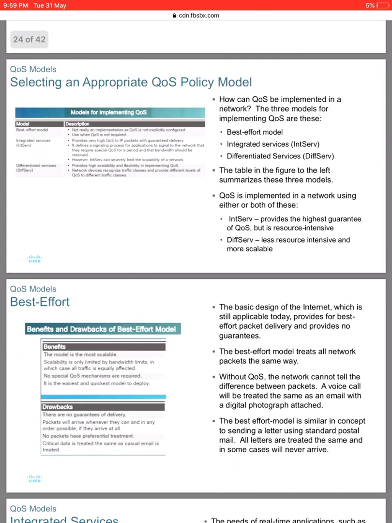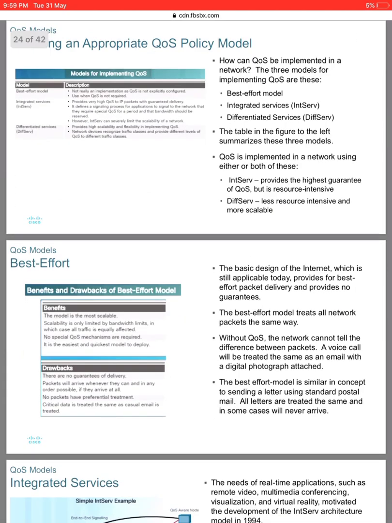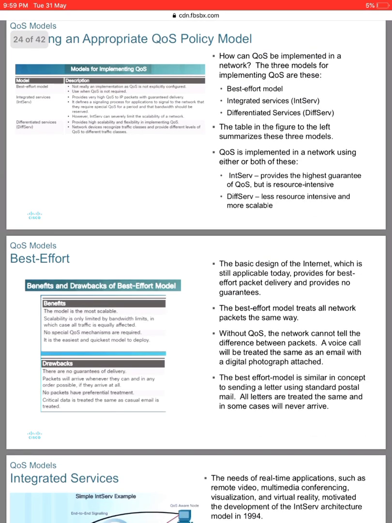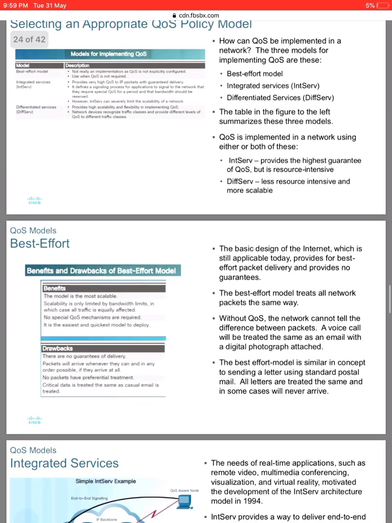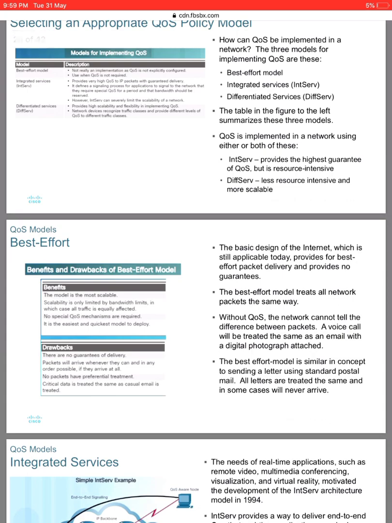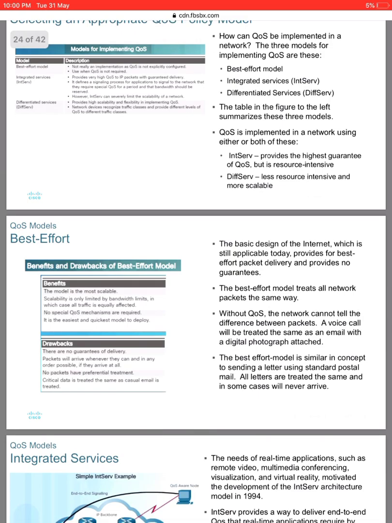So, select an appropriate QoS policy model. Here are the models to implement QoS: the best effort model, integrated services or IntServ, and differentiated services or DiffServ. Best effort is not really an implementation as QoS is not explicitly configured or is not required.